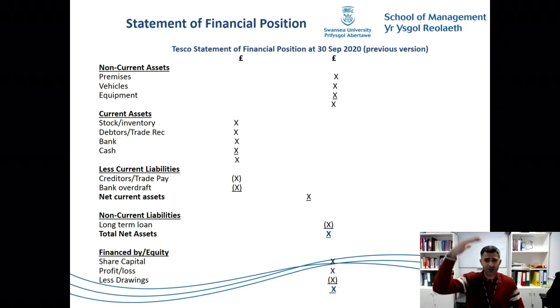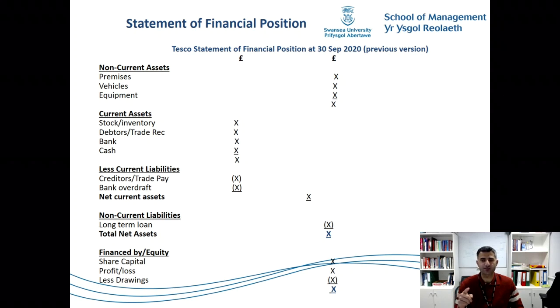So this is the first part of the statement, and the second part, at the bottom, is what is financed by, or the equity. You start with the opening share capital, and then you add the profit or loss. If there's a loss, of course, you deduct it, and then you take away the drawings. To know that you have the right answer, the net assets must equal the total equity.